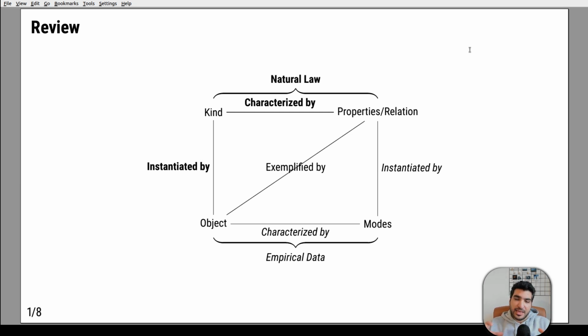And we saw that we can have a very neat viewpoint that we can fit these different concepts into one ontological framework.